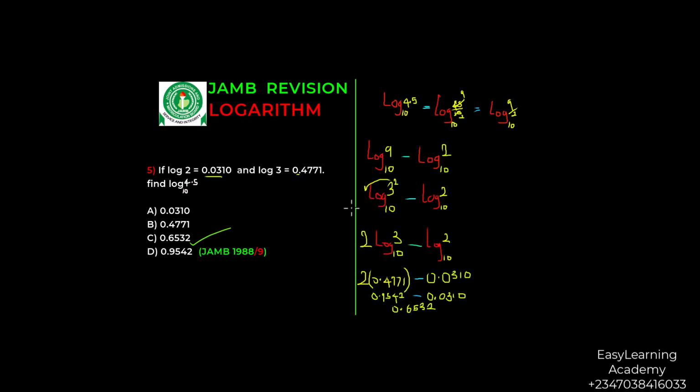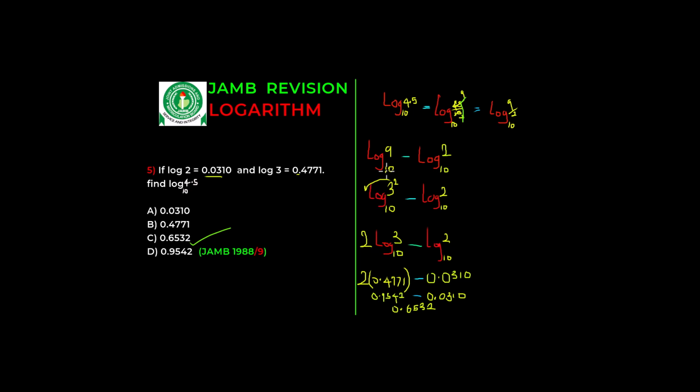So what did we do? The question was log 4.5 base 10, and we changed it to a fraction first. The fraction form of 4.5 is 45 over 10. We simplified it by dividing by 5, which gave us 9 over 2. Log 9 over 2 base 10 is the same thing as log 9 base 10 minus log 2 base 10.